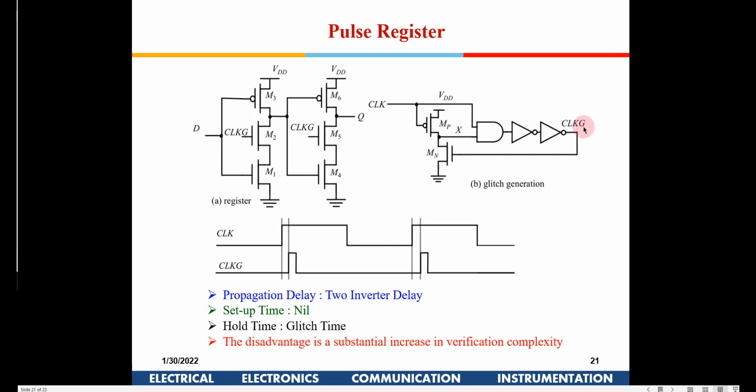This is used to trigger a number of registers. So we don't count this clock generating circuit, which is separate. If you look at only the register, there are only 6 transistors used for making a full flip-flop. Second, we are using the same phase clock here, right? So those are the advantages.